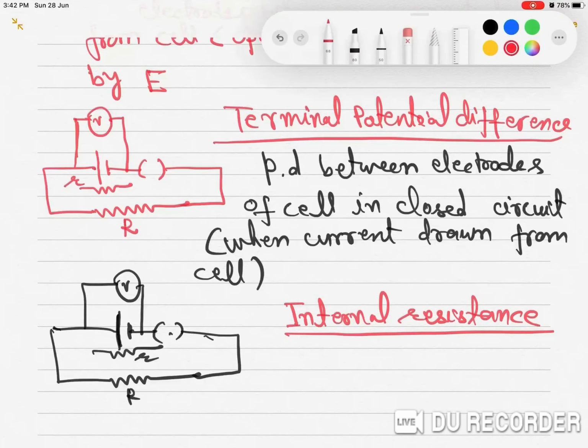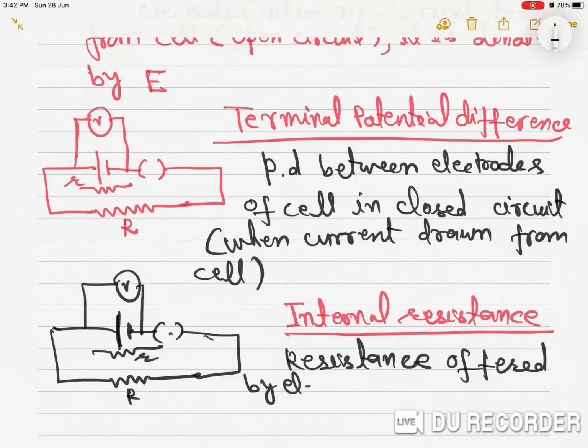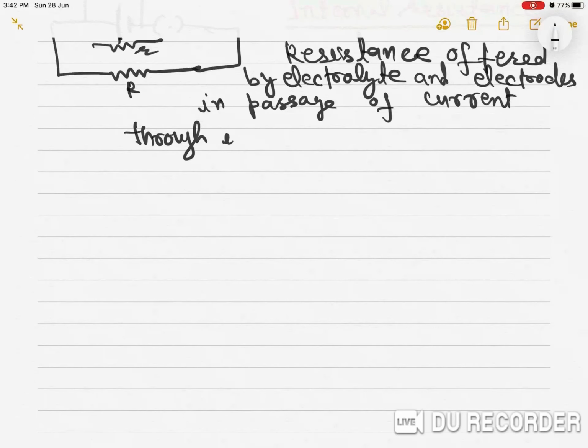It is the resistance offered by electrolyte and electrodes in the passage of current through inside the cell. Denoted by small r.